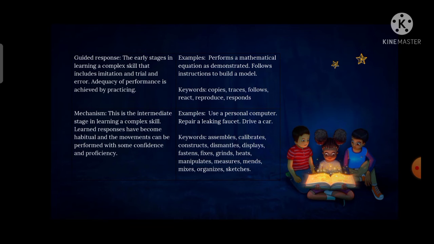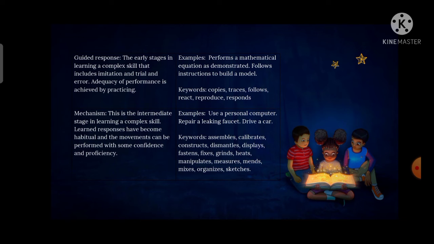And the third is the guided response. This is the early stage in learning a complex skill that includes imitation and trial and error. And adequacy of performance is achieved by practicing.